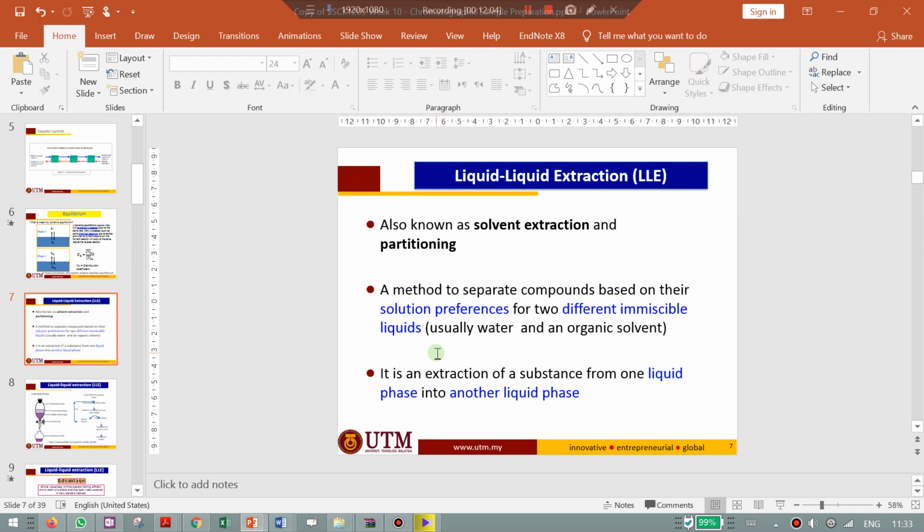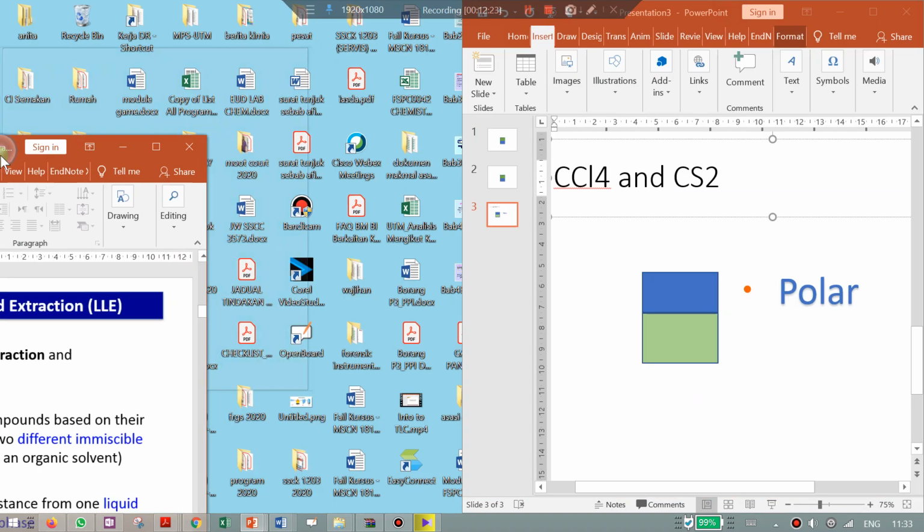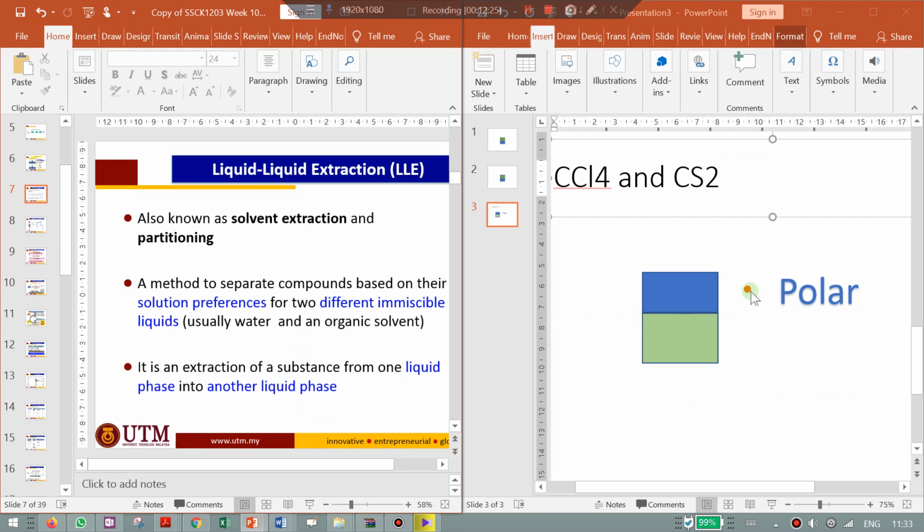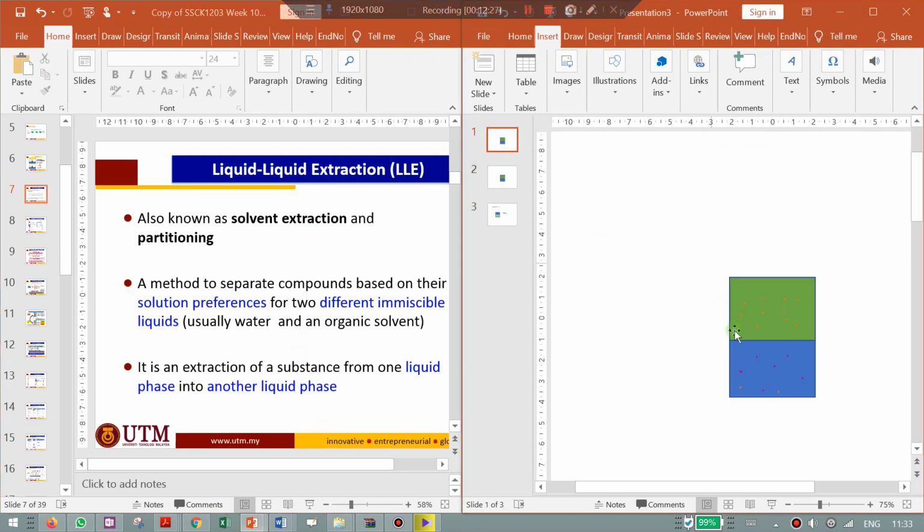Kalau you punya analyte is non-polar, you kena guna solvent extraction yang non-polar. Kalau analyte you is polar, you kena guna solvent extraction yang polar. It is an extraction of a substance from one liquid phase into another liquid phase.